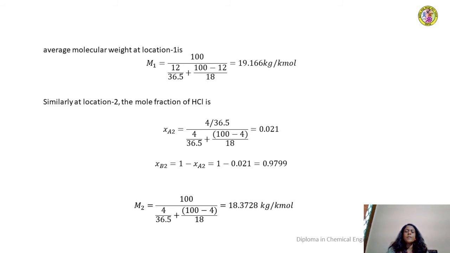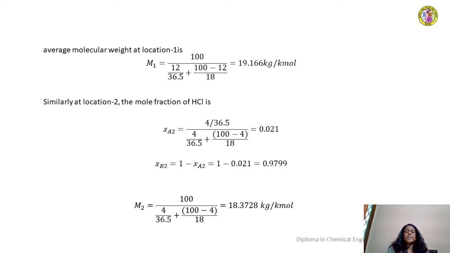The first term under the denominator gives you the moles of HCl, and the second term gives the moles of water. When you add these two, you get the total moles of the mixture at location 2. The moles of component A divided by the total moles gives you the mole fraction XA2, with the value 0.021.